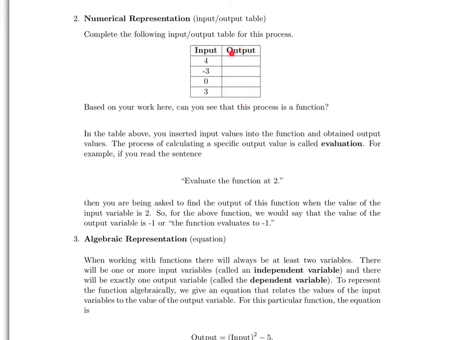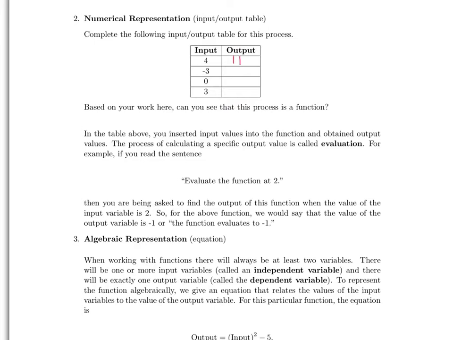And in the second column, we have the outputs, which we can fill in. So if we put the number 4 into this function, what happens to 4? It gets squared. 4 squared is 16. 16 take away 5 is 11. So if we put 4 into this function, we get 11 coming out.